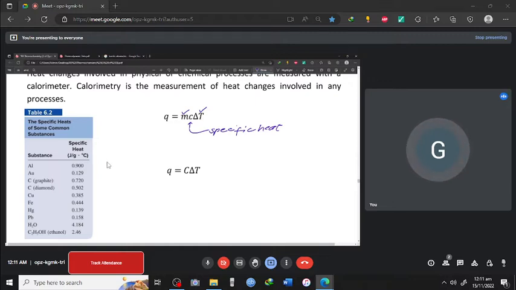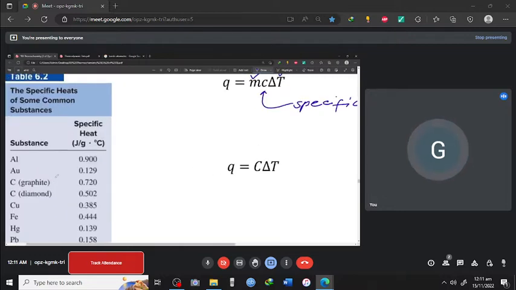So, let's take for example si aluminum and gold. Zoom in natin ng konti. As you can see, ito si aluminum and this one is your gold. Between aluminum and gold, mas mataas yung specific heat ni aluminum. Dahil mas mataas yung specific heat ni aluminum, anong ibig sabihin nito? Ang ibig sabihin nito is that pag mas mataas yung specific heat ng isang material, mas marami siyang energy na kayang i-take.